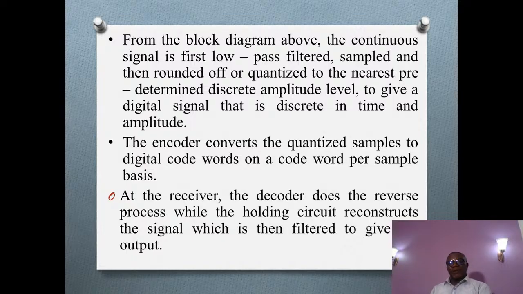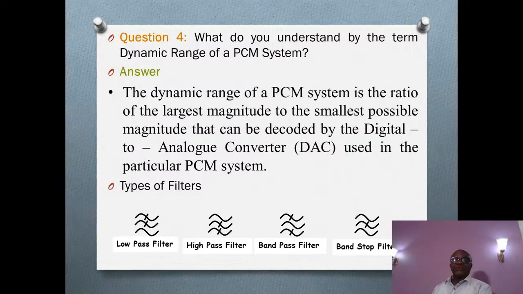The encoder converts the quantized samples to digital code words on a code word per sample basis. We have talked about code words to represent the number of bits that is used by that system to represent a word. At the receiver end, the decoder does the reverse process while the holding circuit reconstructs the signal, which is then filtered to give the output.